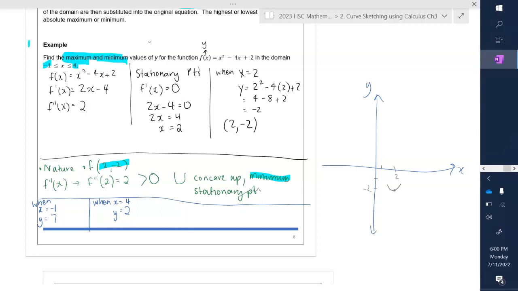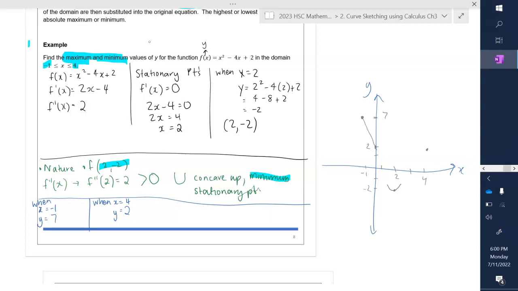I also have the point (-1, 7). So I know my curve goes up to here. Okay, and I know I also have (4, 2). So another value that I've got happening here is (4, 2). So my curve's going to come down through here. It cuts the y-axis when x is 0, so it's going to cut the y-axis at 2 here.